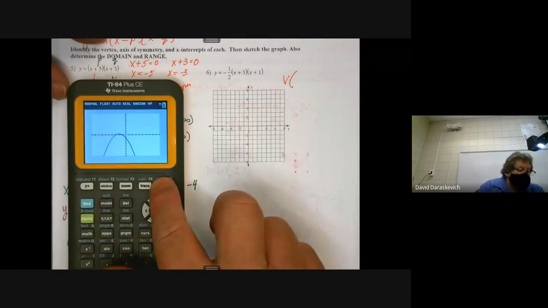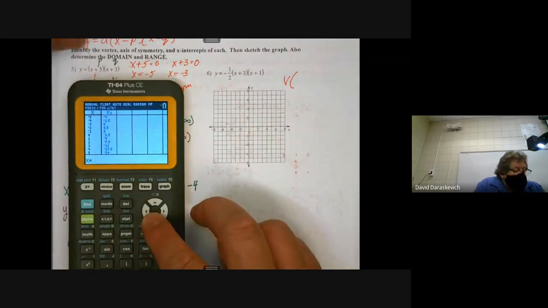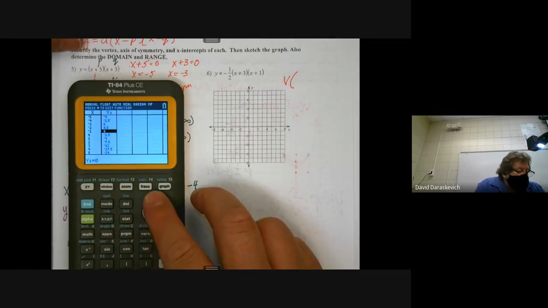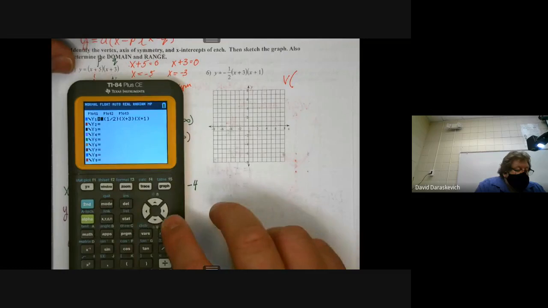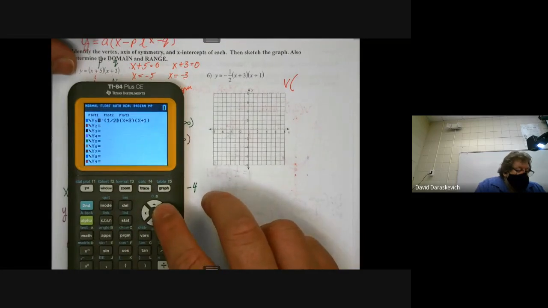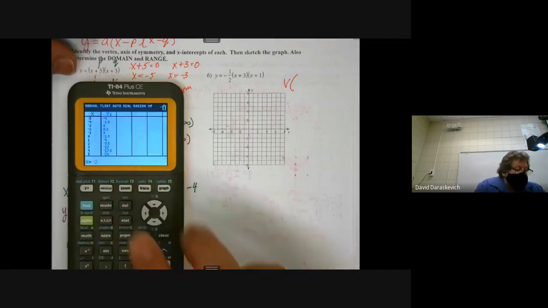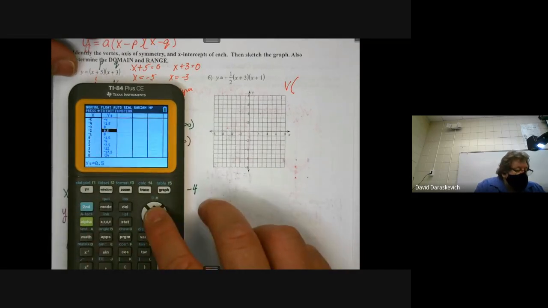Let's just double check. Go to our chart. And here we go. -3, -1. Huh, not on here. Let's make sure I typed it in. It's saying that our vertex is -3, 0.